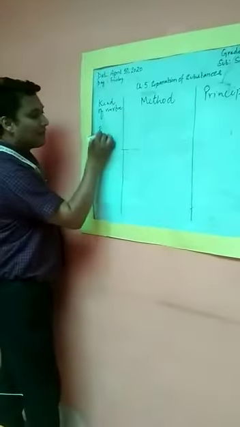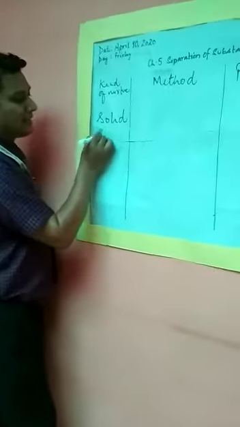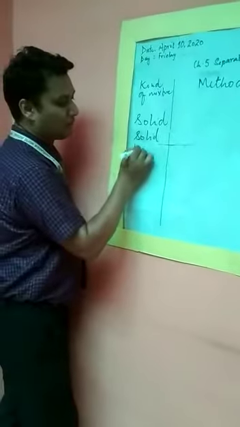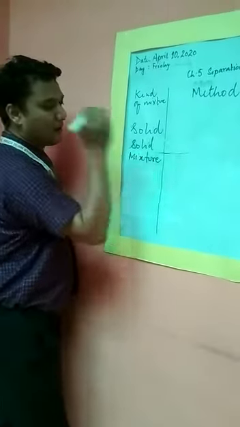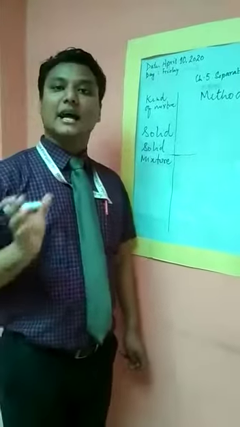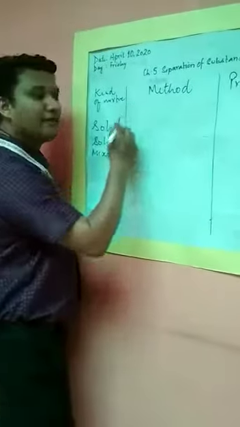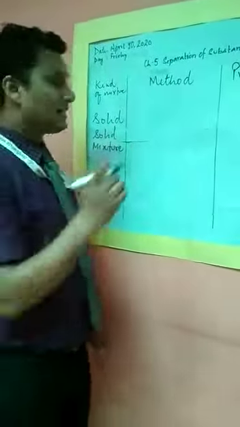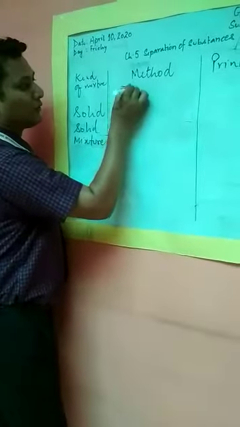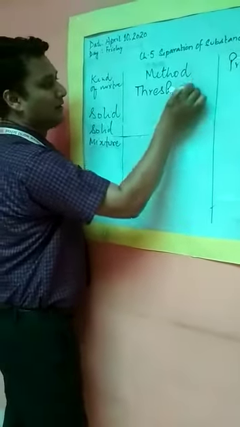As I said, we have a solid mixture, where both the components are in the state of solid and solid. For this we have 5 methods. Number 1 is threshing.